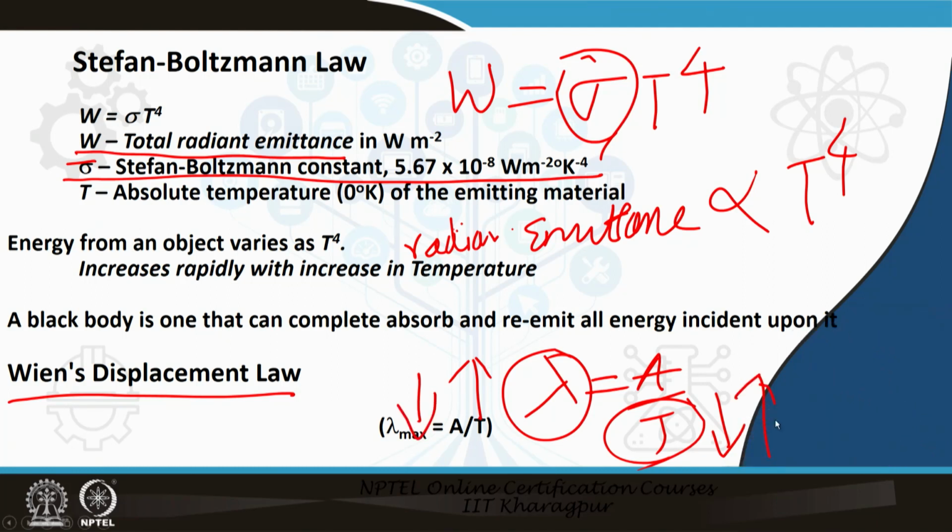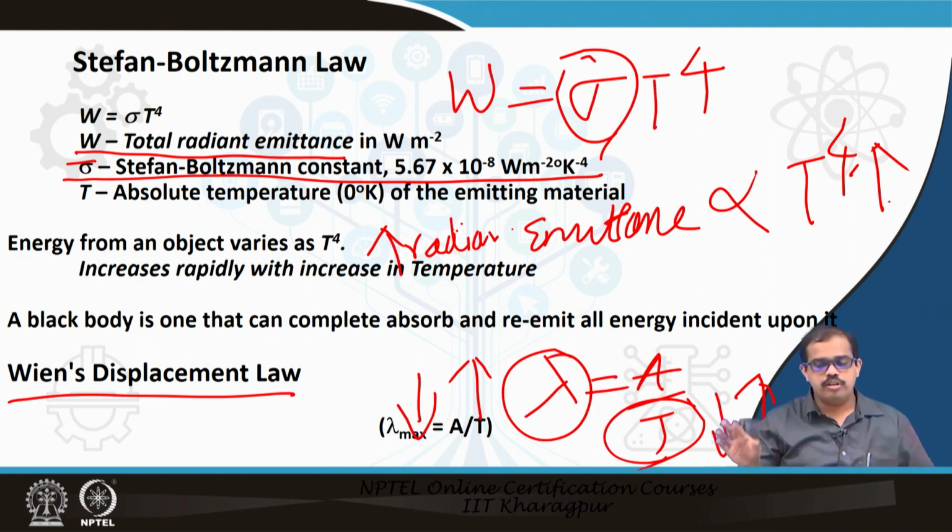So lower wavelengths have higher temperatures and higher radiant emittance, whereas higher wavelengths have lower temperature and lower radiant emittance. Both of these laws have to be understood together, so that you understand how this is related to your earth surface. I hope you guys have understood this.